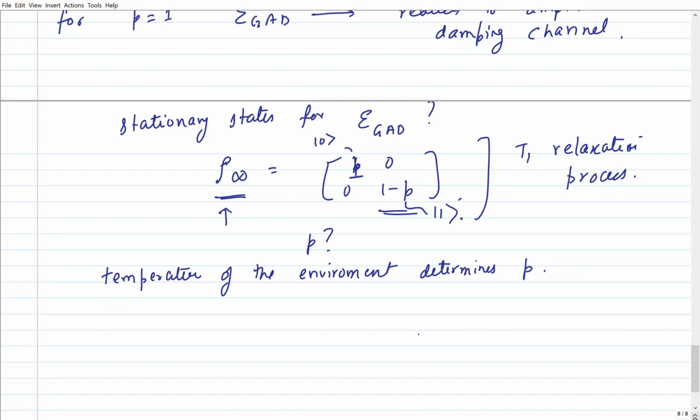That's going to depend ultimately upon the temperature of the environment. So for example, at temperature T, the qubit state reaches, any guesses? They reach the equilibrium value.